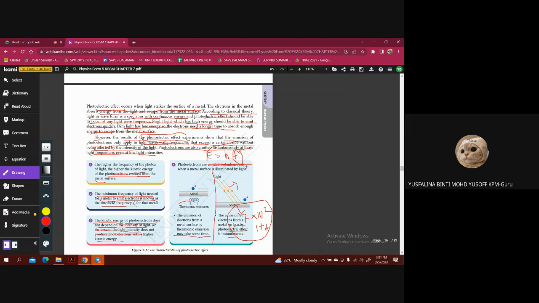The process where the electron comes out from the metal, we call the photoelectric effect. And remember, it does not depend on the light intensity, it depends on the frequency, based on this formula, E equals hf, right?